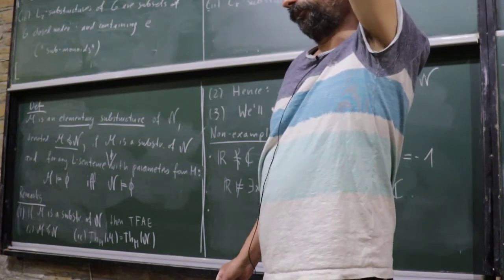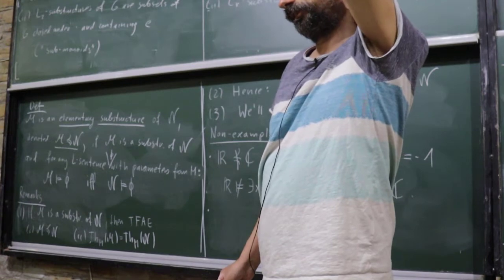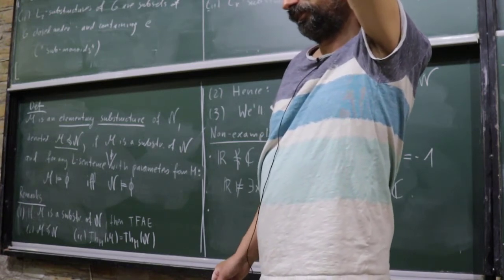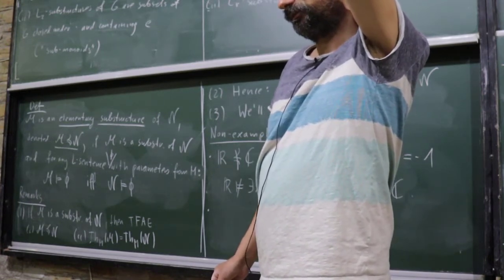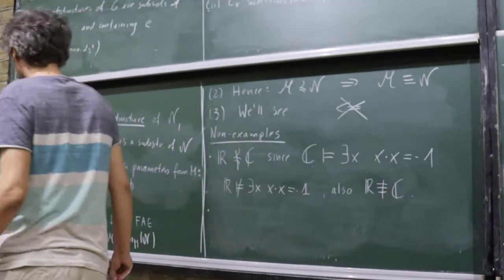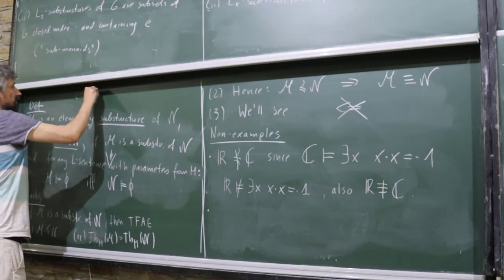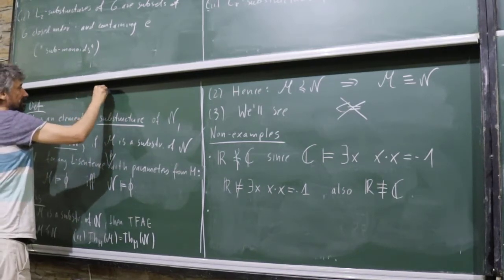So you can define -2 without any parameters, only with constant symbols. Yeah, -2 is defined as, let's say, minus.